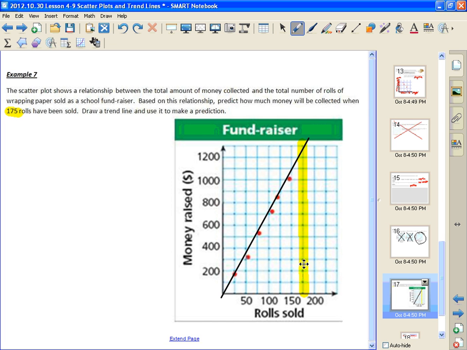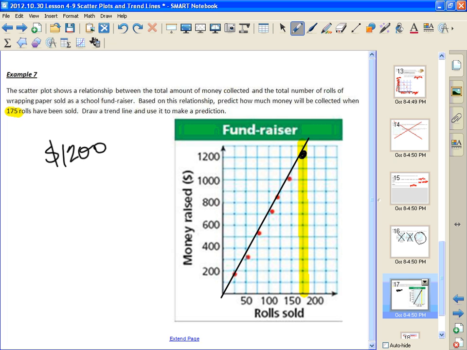So what I'm going to do is travel up that line to where my trend line crosses, right? There's where my trend line crosses. So approximately how much money will I make when I sell 175 rolls? So about $1,200.